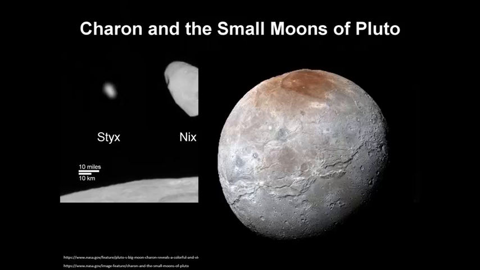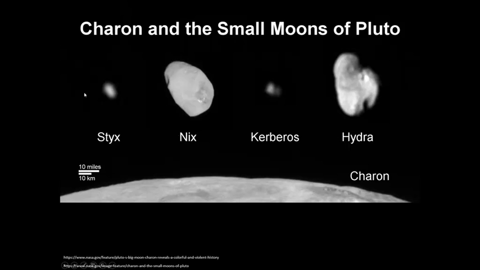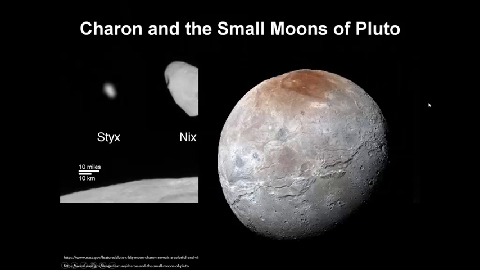Look at all those grooves and craters, just a super interesting body. We have Styx, and yes, this is one of the best images we have of it. Nix, Kerberos, and Hydra. Even with New Horizons flying as close as it did to Pluto and to Charon, we still couldn't get great images of its other 4 satellites.